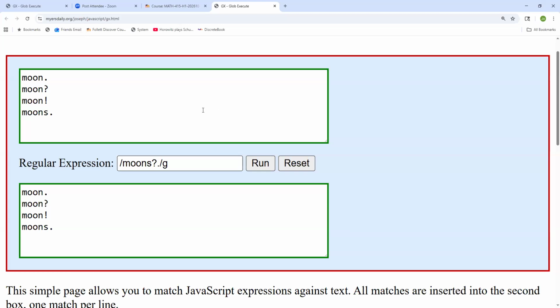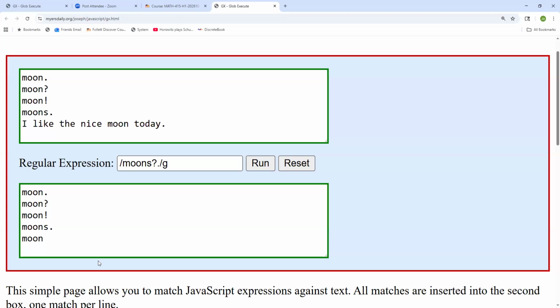But now what if we wanted to find it not only at the end of a sentence with the punctuation, but maybe in the middle of a sentence, like the nice moon today. So that will not, well, maybe it did actually.